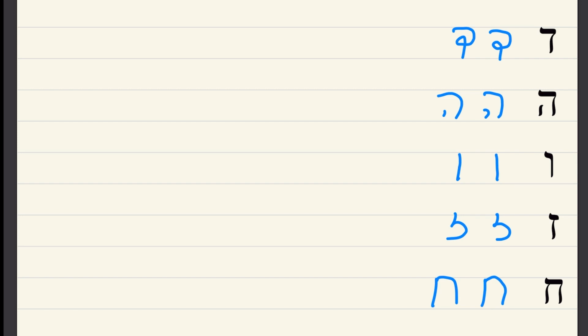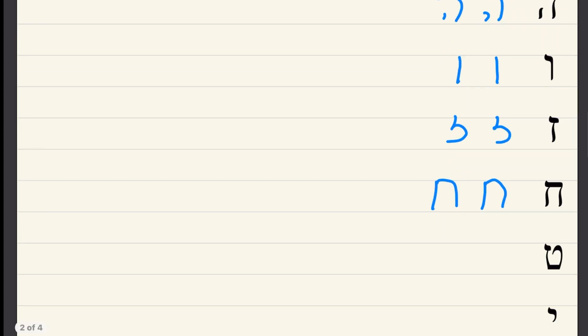It's stronger in Hebrew, and it takes practice. The next letter we have is Tet, like in the word top. It's written like this in script. Then we have the letter Yud, like in the word yellow in English. In script, it's just a small line like this.